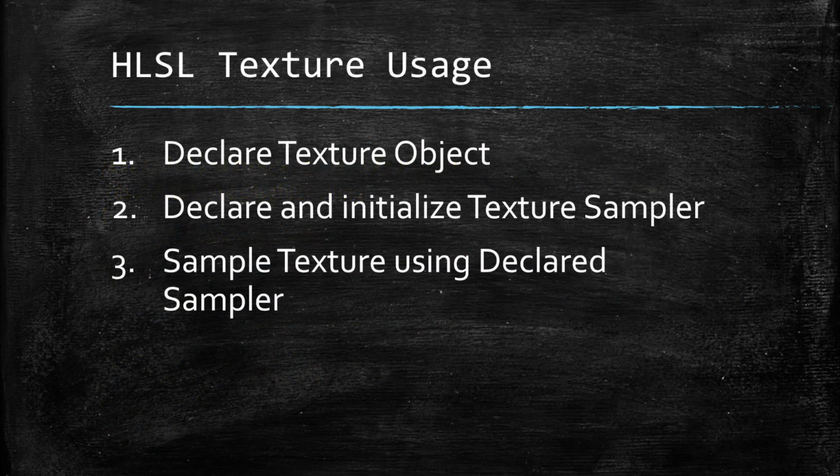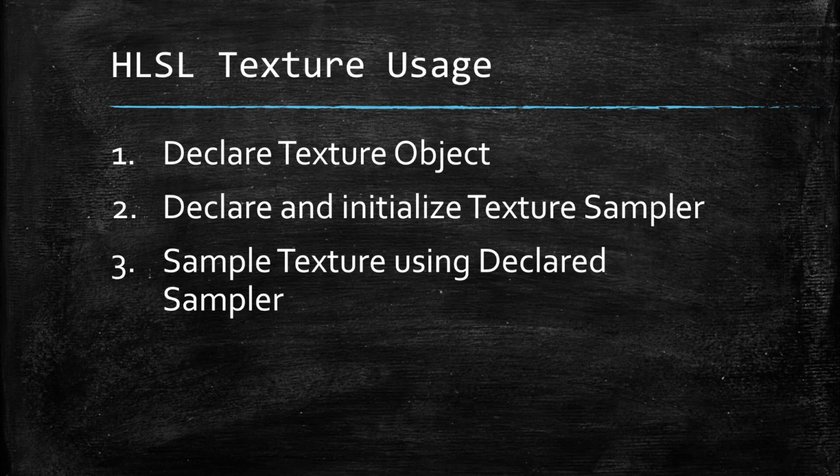All right. There's a 3-step process. First, you have to declare a texture object. We have to create an object called a texture object in order to be used. Then once we declared it, we have to declare and initialize a texture sampler. So we have to create another variable called a texture sampler, and that has got to get created too.